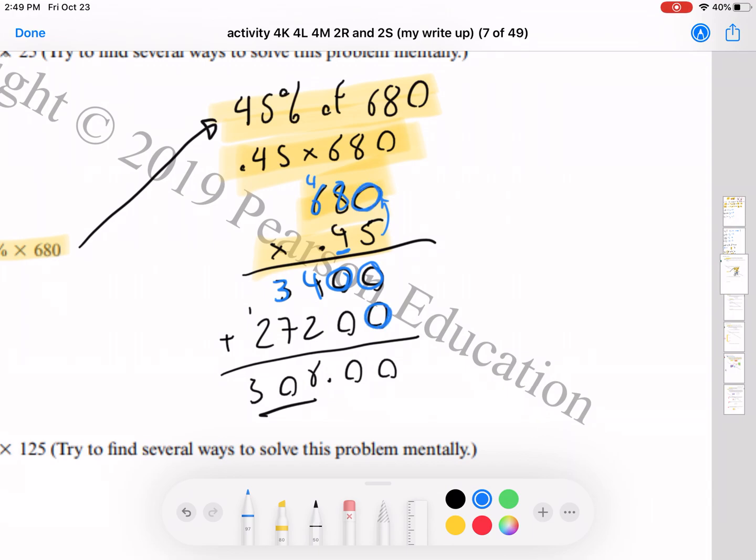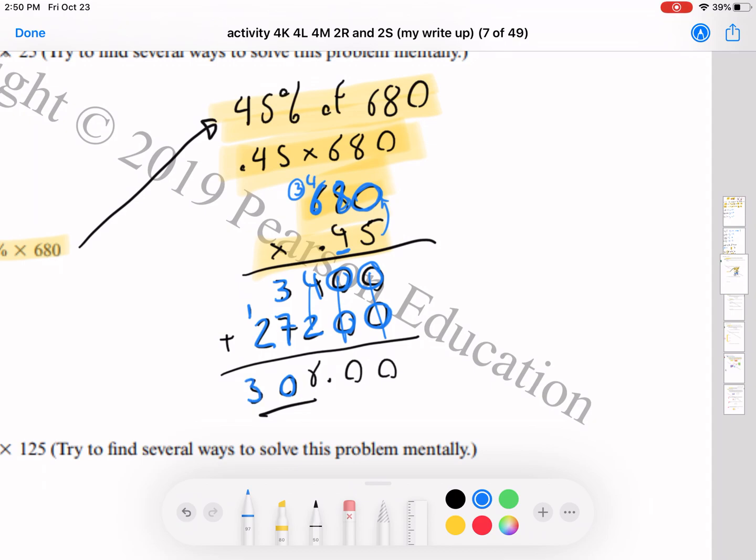Now 4 times 0 is 0. 4 times the 8 should be 32. So we put a 3 here, and we bring the 2. Now 4 times 6 should be 24, and when we add the 3, we get 27. And when we add down, we get 0, 0, 6, and then 3 plus 7 is 10, so we put a 0, carry the 1, and the 1 and the 2 is 3.